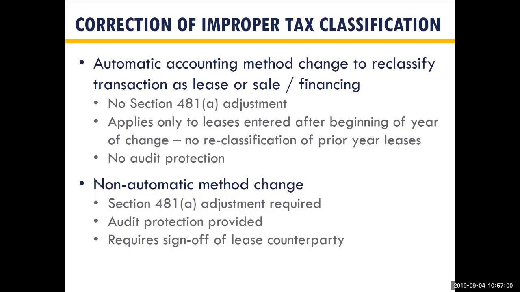However, this is a difficult change to actually file in some cases, because we don't get a Section 481(a) adjustment, meaning that we are not going to retroactively change any of the income or expense that we've recognized on these leases. So if I assumed I was entitled to the depreciation and I took it, I can't give that back. Similarly, if I decided I should have been entitled to the depreciation and I didn't take it, this will not allow me to do a catch-up adjustment.